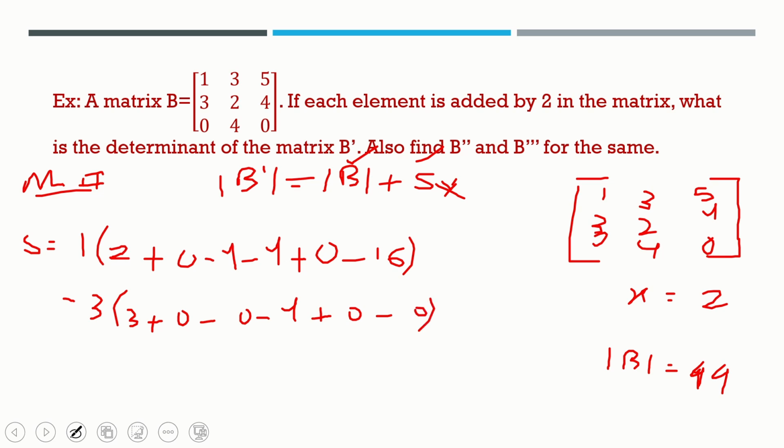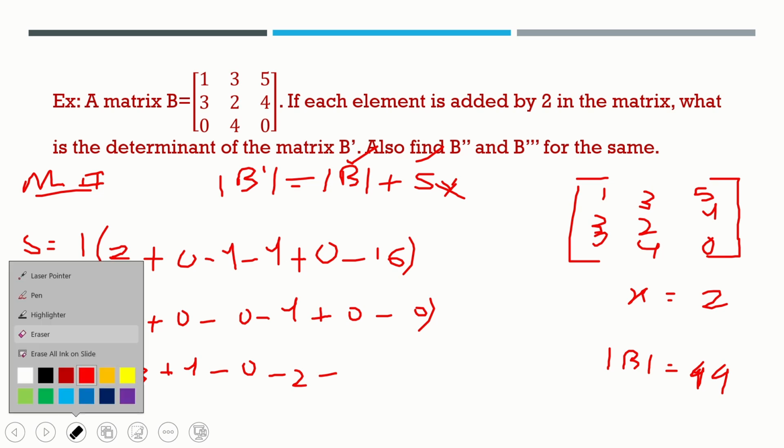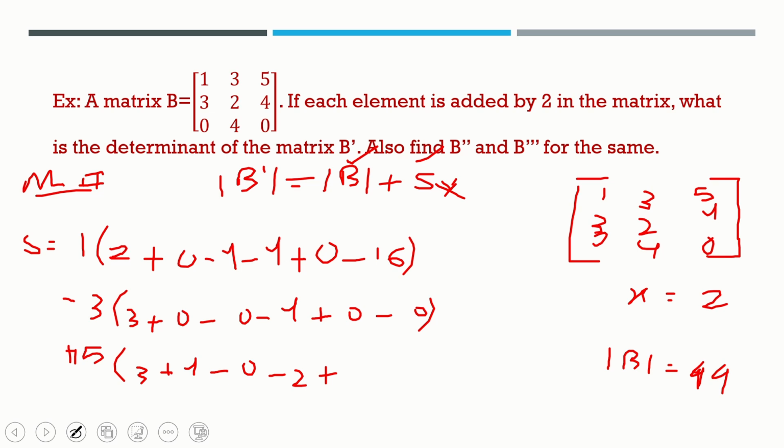Okay, then 3 plus 4 minus 0 minus 2 plus 12 plus 0 minus 12.